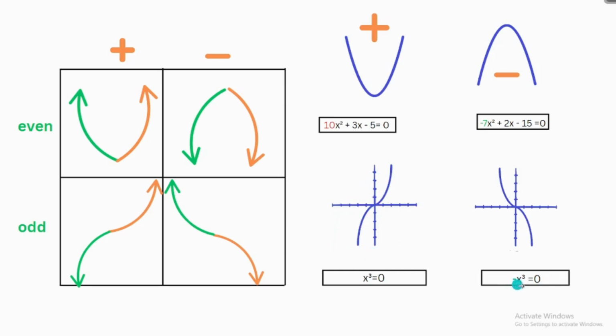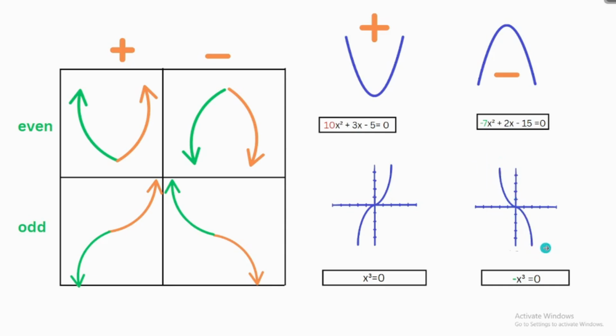If the coefficient of x cubed is negative, it will be flipped. It will pass through the second quadrant and the fourth quadrant.